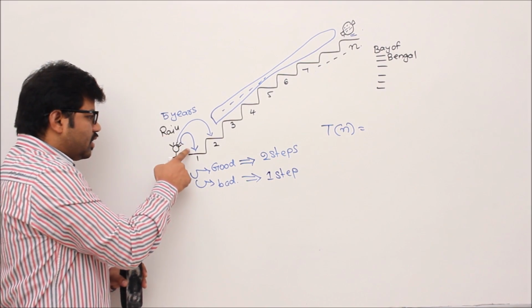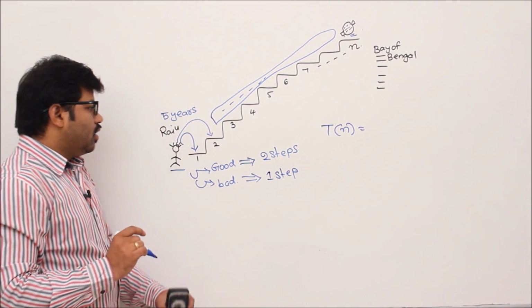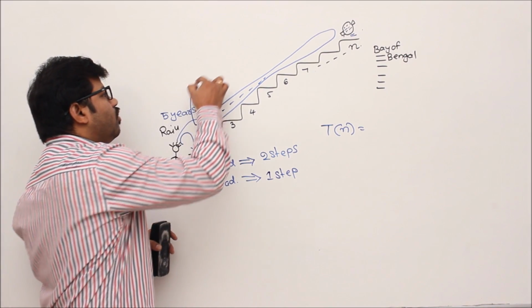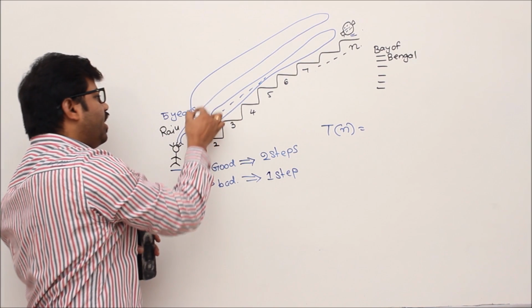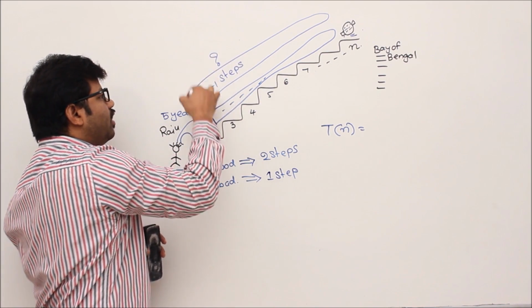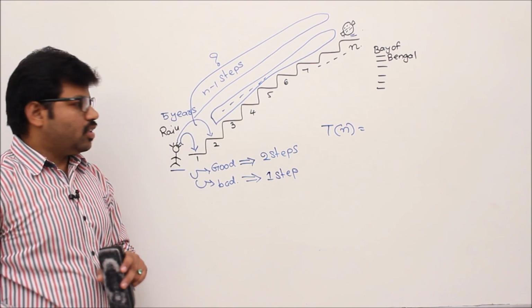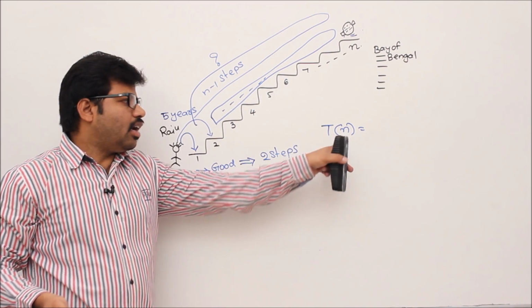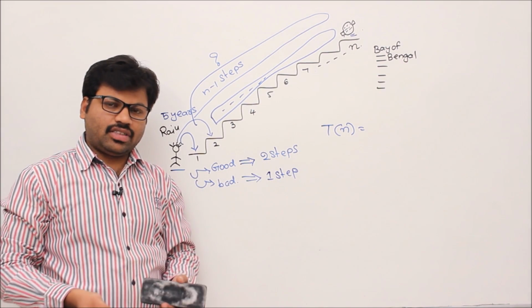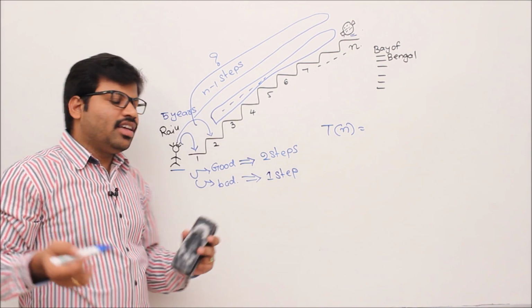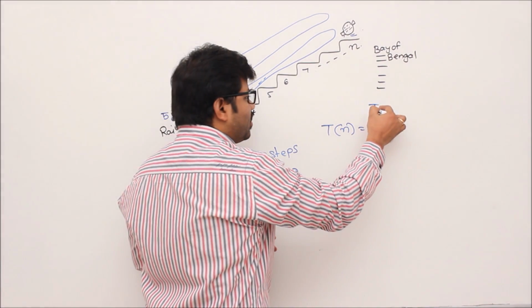If Raju takes step number 1, that is one possibility, then the remaining problem for me is crossing the remaining n minus 1 steps. But how many different ways can Raju cross n minus 1 steps? Terms and conditions are same. If there are n steps, then Raju can do that in T of n ways. If there are n minus 1 steps, then Raju can do the same thing in T of n minus 1 ways.